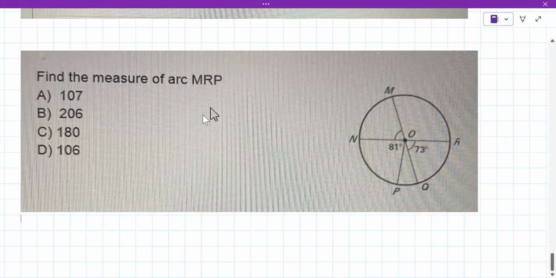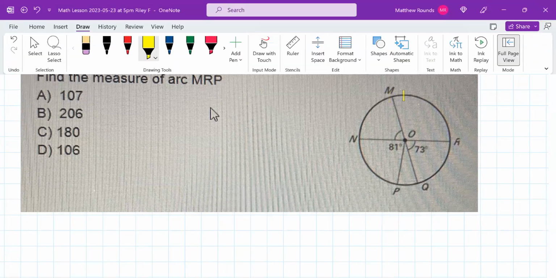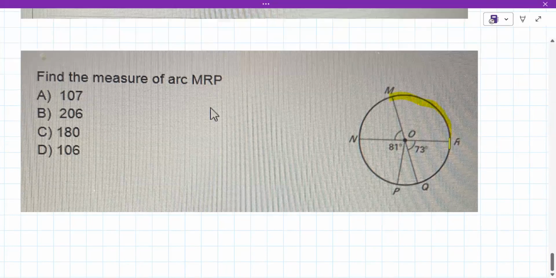All right, find the measure of arc MRP. So you see that's M to R to P. I've got a highlighter and this is on a screen, but if you had it in front of you, it might be good to just really know what it is that you're finding.